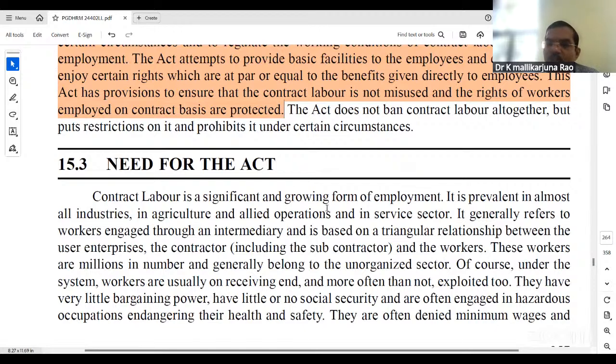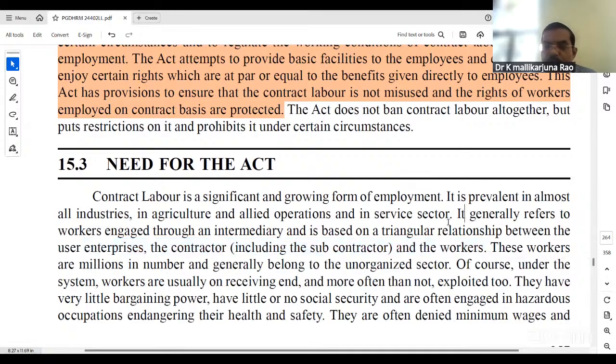Contract labor is a significant and growing form of employment, and it is prevalent in almost all industries and establishments, in agriculture-related sectors and in service sectors too. In general it refers to workers engaged through an intermediary, based on a triangular relationship between the enterprise, contractor, and subcontractor of these workers.